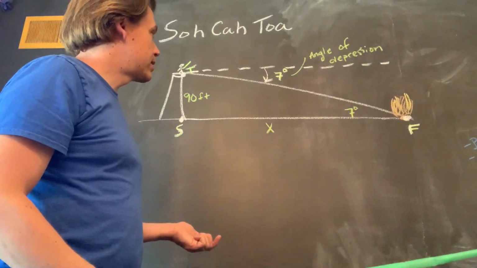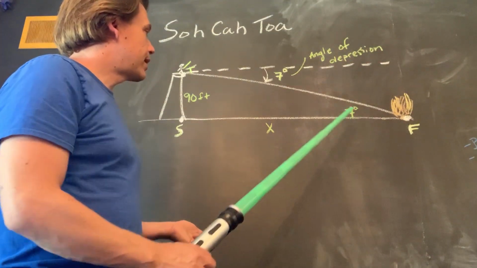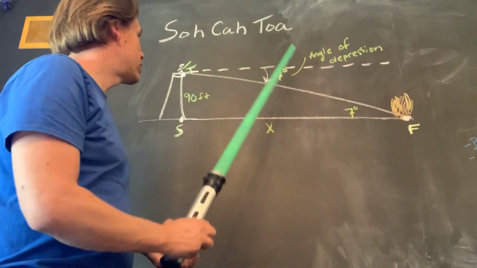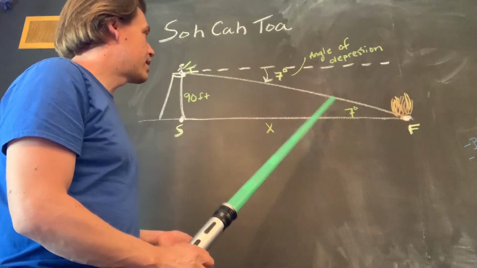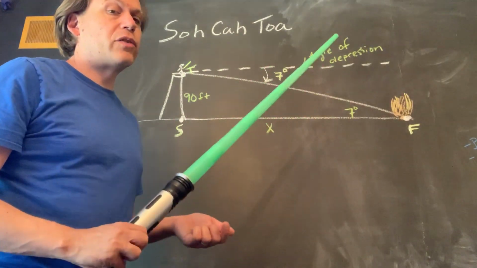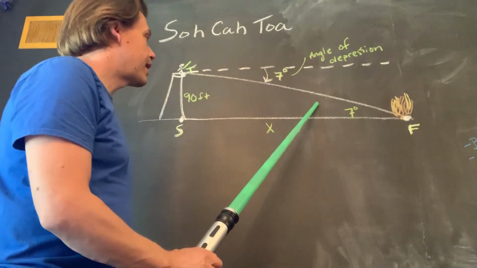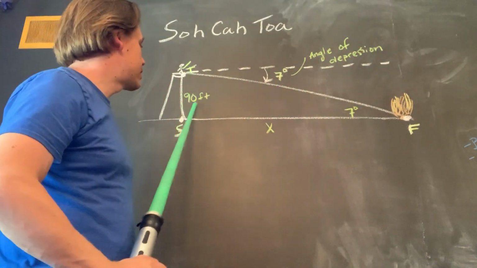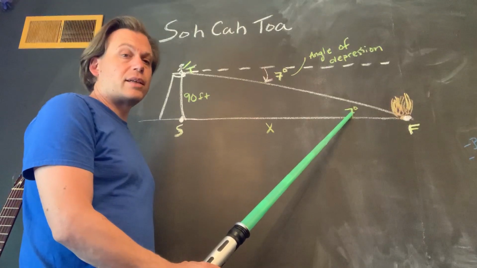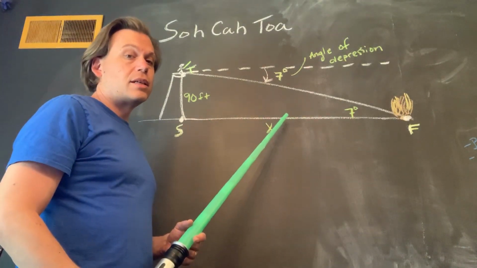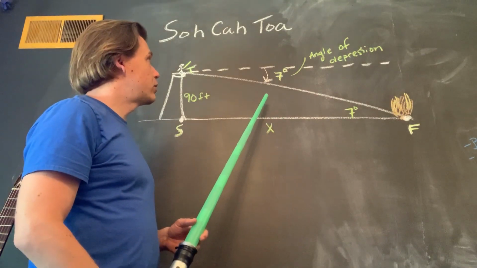So the question is, he's got that angle, what's he gonna use? Sine, cosine, or tangent? Well, because that's an ancient Jedi word from ancient Jedi scrolls, he knows that 90 feet is opposite this 7 degree angle, and x is adjacent. So he needs the one that's opposite over adjacent.